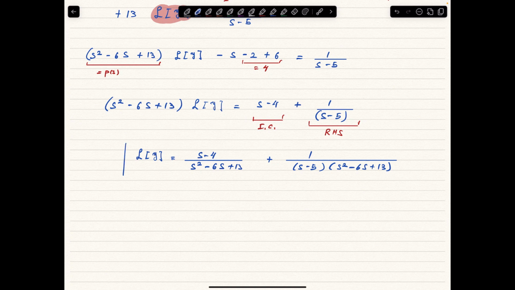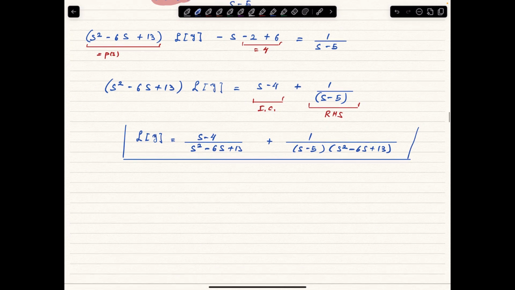So here it is. We have solved the algebraic equation for our Laplace transform. Let's say it one more time: this term comes from the initial conditions, and this part of the solution comes from the right hand side of the equation.